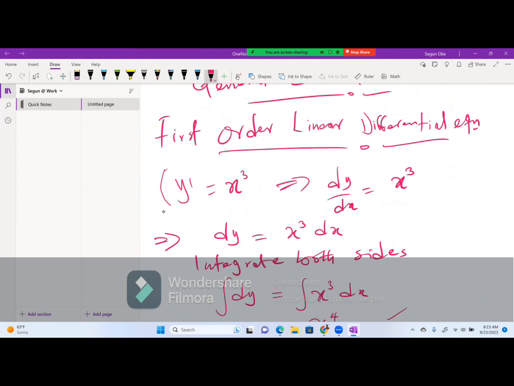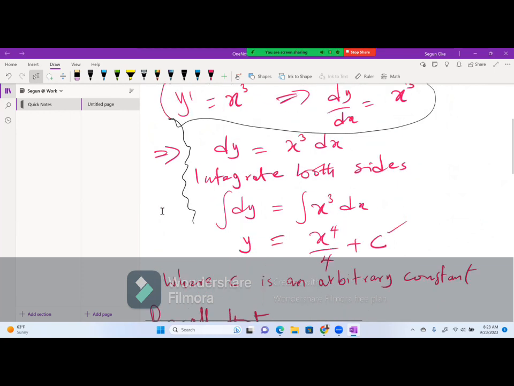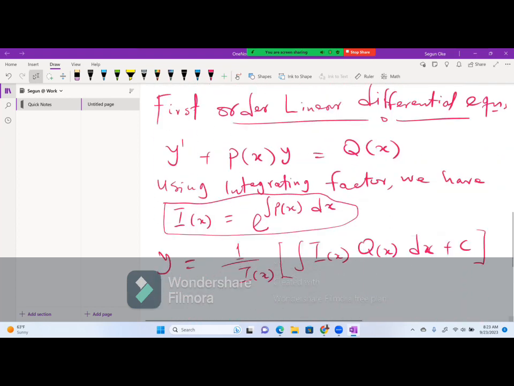We are given this. Our y prime leads us to this, and we have our y. It's the same thing applicable to what we are doing now.